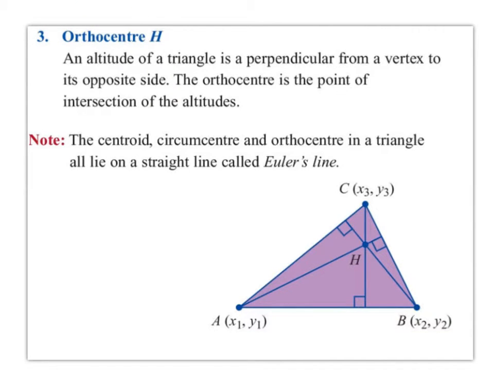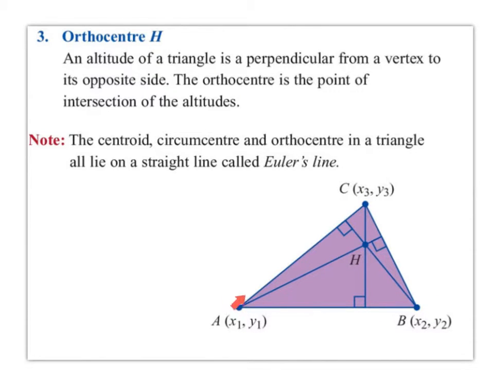Orthocenter H. An altitude of a triangle is a perpendicular from a vertex or corner to its opposite side. So here we have the side AC of the triangle, and here we have its perpendicular line, and we know that because of this square, this right angle, and it is joining to the opposite vertex or corner.